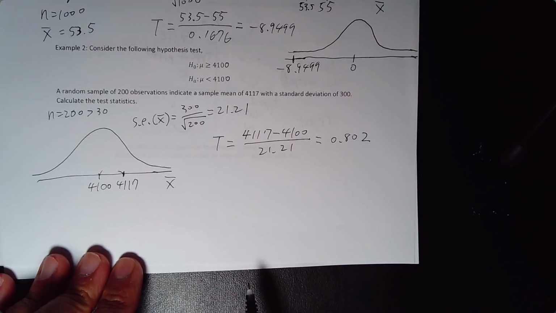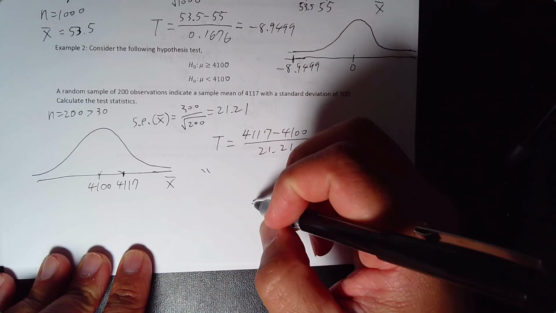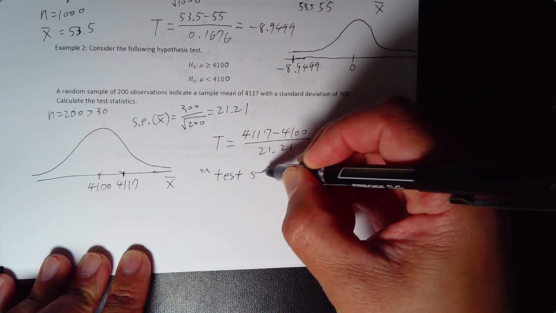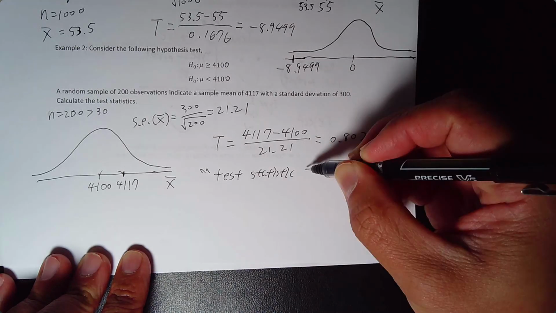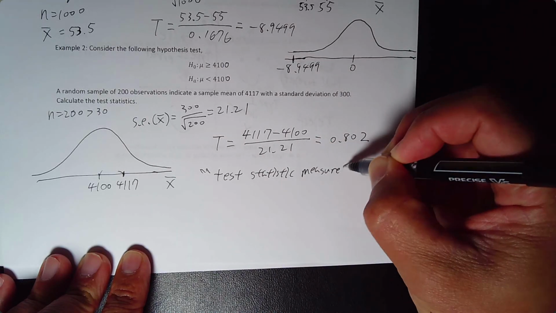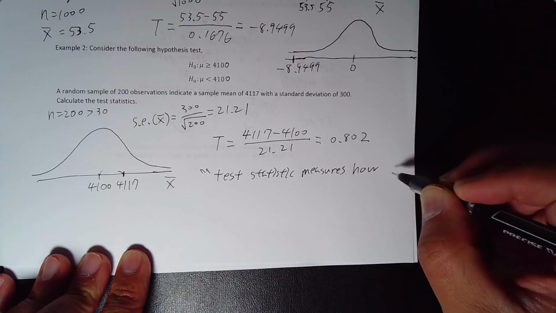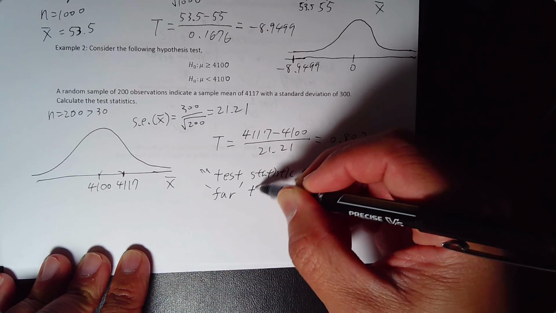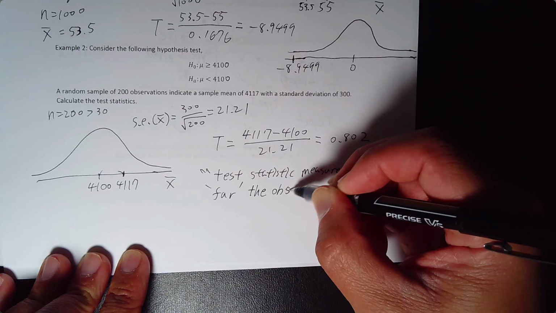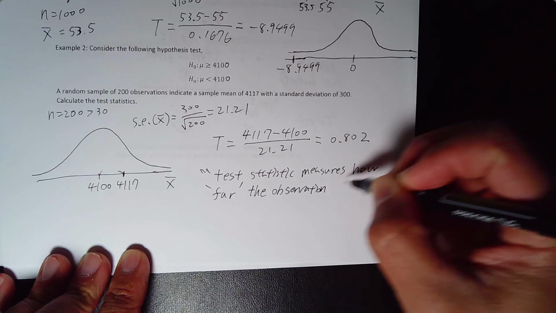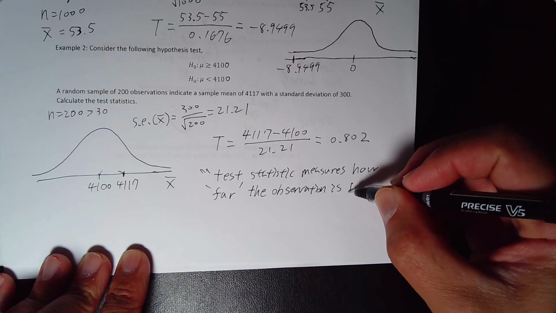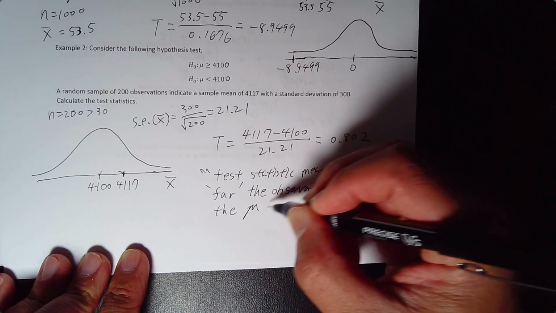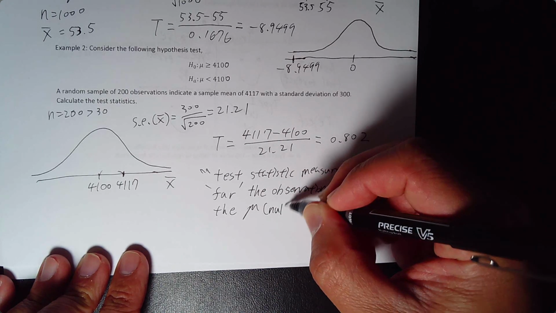So the test statistic measures how "far" the observation is from the mean, or from mu, and the mu we're talking about is the mu of the null hypothesis.